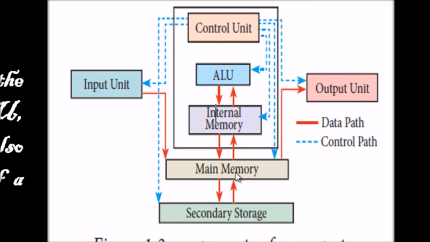Then the main memory is the RAM, random access memory, and then the secondary storage devices, which we know. The blue dotted lines indicate the control unit. The control unit controls the input unit, the ALU, the internal memory, the output unit, the main memory and the secondary storage memory. It controls all the computer systems. So this is called the control unit.